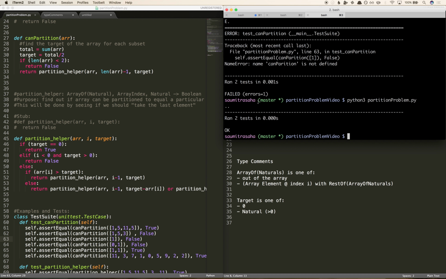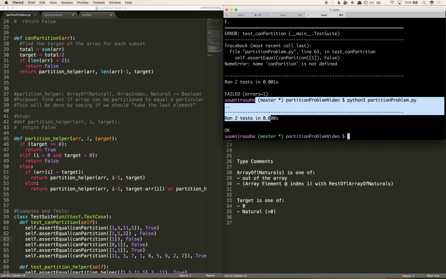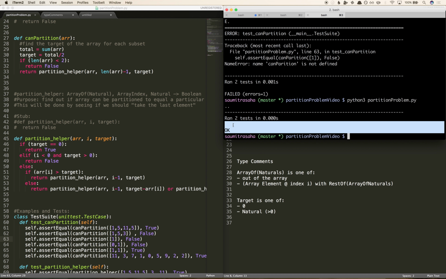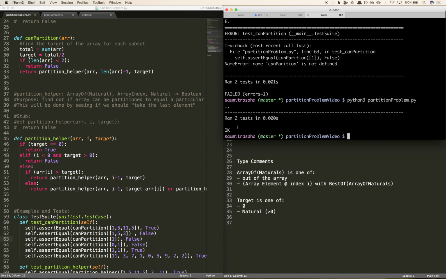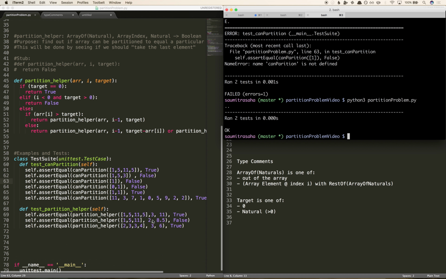We ran it right here, and it says ran 2 tests in 0 seconds, and we're okay. So that means all our tests pass. So what just happened? We took a function. We had this complicated problem where we had to divide things into 2 subsets and see if we can get them to be equal to each other.